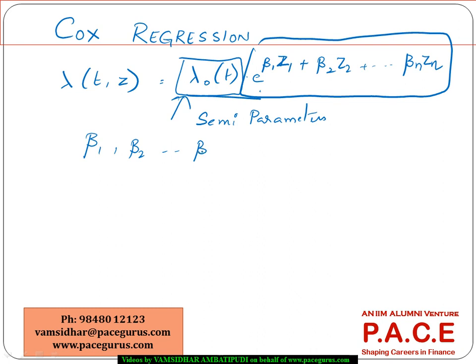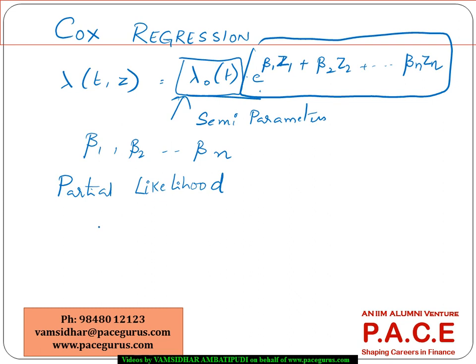Now, the interesting thing comes with respect to the estimation of beta 1, beta 2, and so on, whatever the various parameters are. So here we introduce what is called the partial log likelihood function, or probably we'll go with the partial likelihood first, then we'll take the partial log likelihood and try to do the estimation.